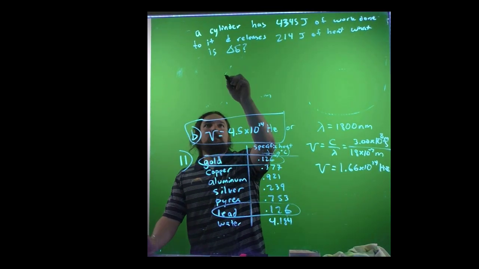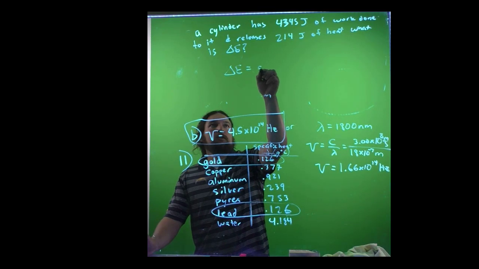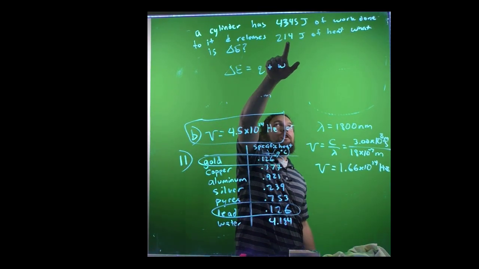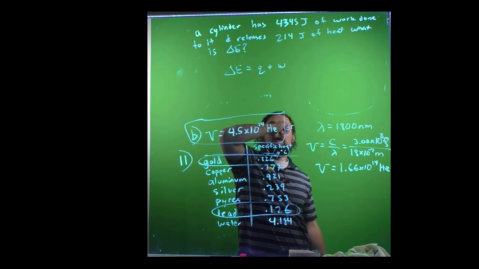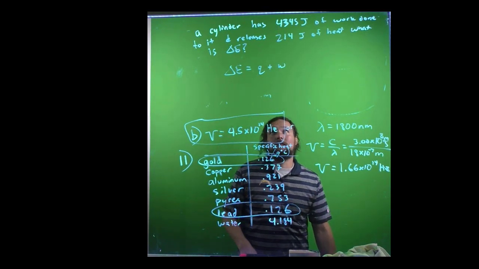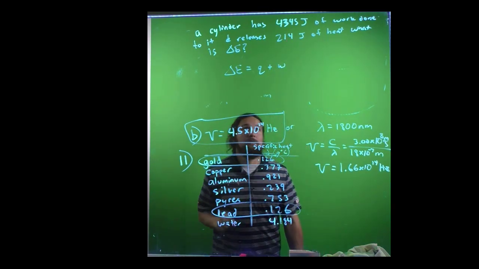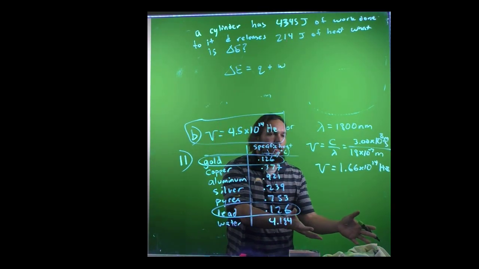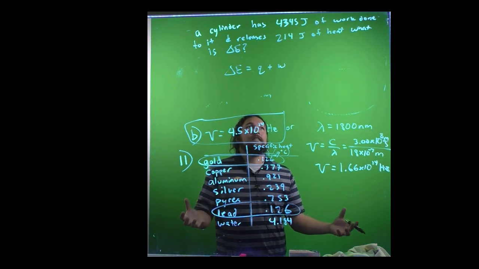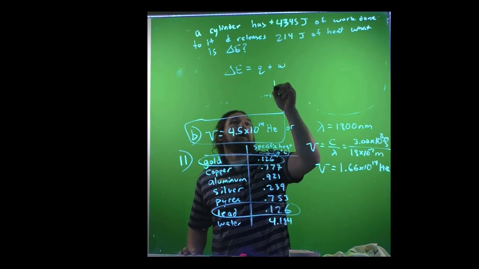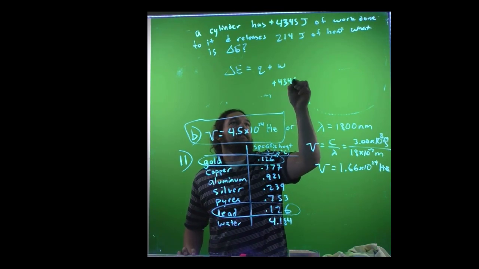So we're going to use the equation delta E equals Q plus W. This is Q, this is W. All we have to decide is what the sign of the work is. A cylinder has 4,345 joules of work done to it. It can either do work to something or have work done to it. Since it's getting work done to it, that's going to be positive 4345.